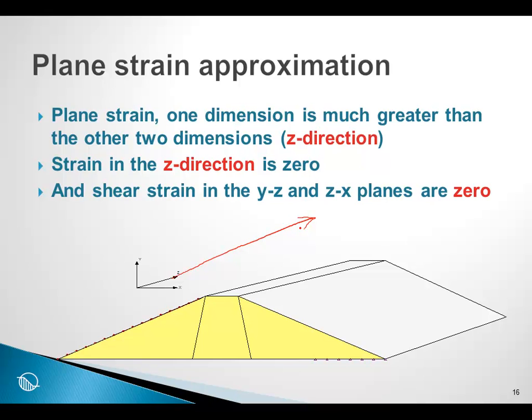As a result, we make the assumption that the strain in the Z direction is 0. In addition, by making this assumption, the shear strain in the YZ plane is 0, and the shear strain in the ZX plane is also 0.